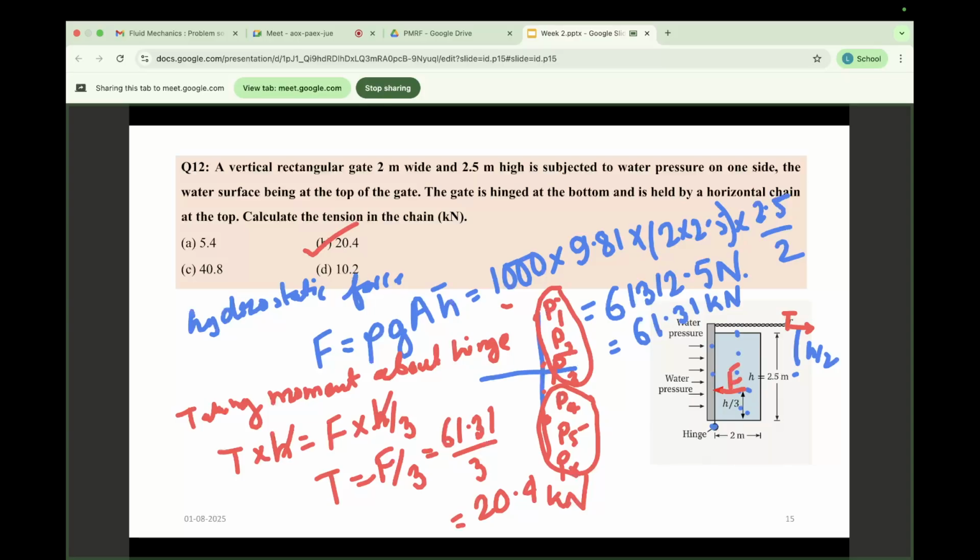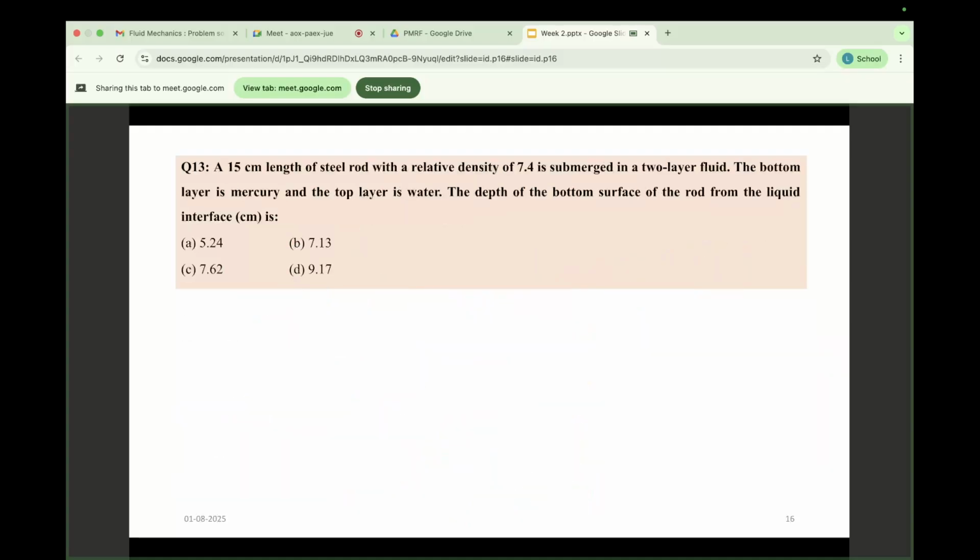Okay. So this one is our next question. I am showing you this image for visualization purposes. What this question is telling is that two separate liquids, water and mercury, are there, and in these liquids a rod is immersed such that some of its portion is in water and some of its portion is in mercury.